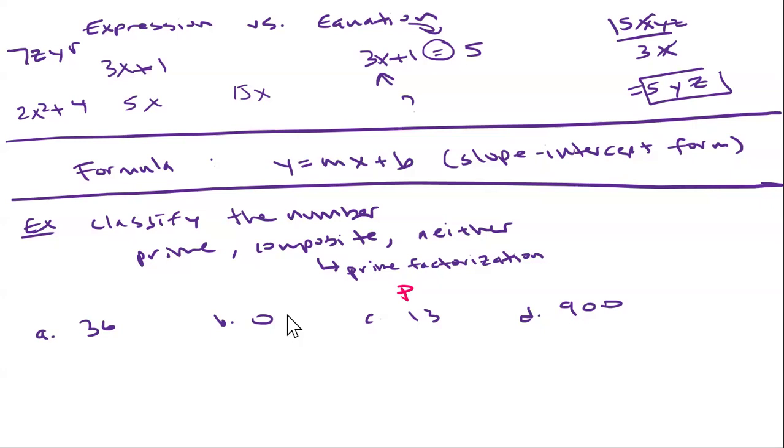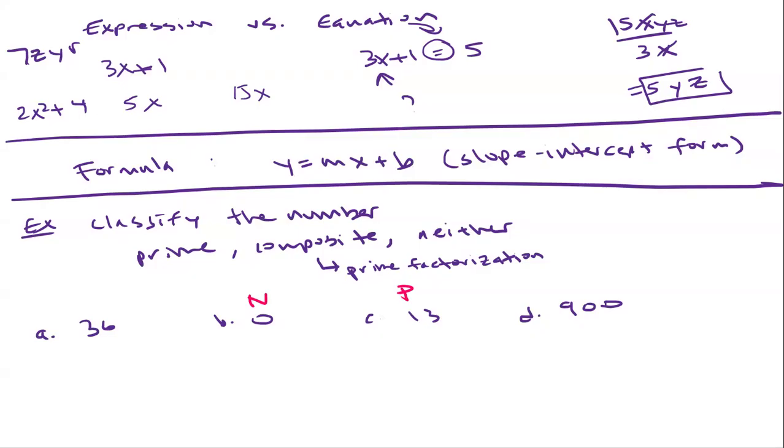That's one of the reasons it's not a composite number. And of course, it's not a prime number because a prime number has to be bigger than 1. So 0 here is going to be neither. I'll put an N for neither.